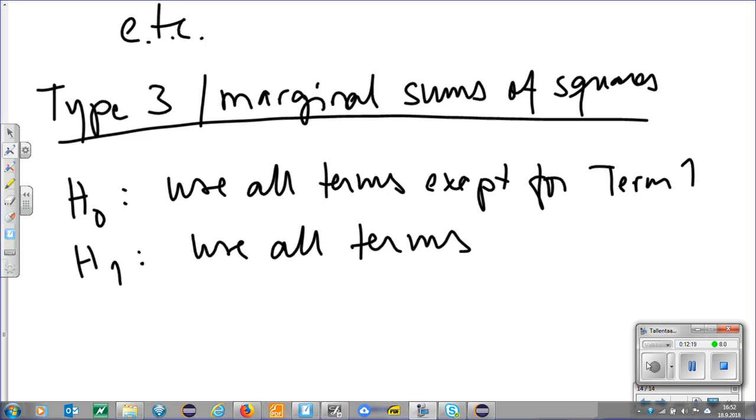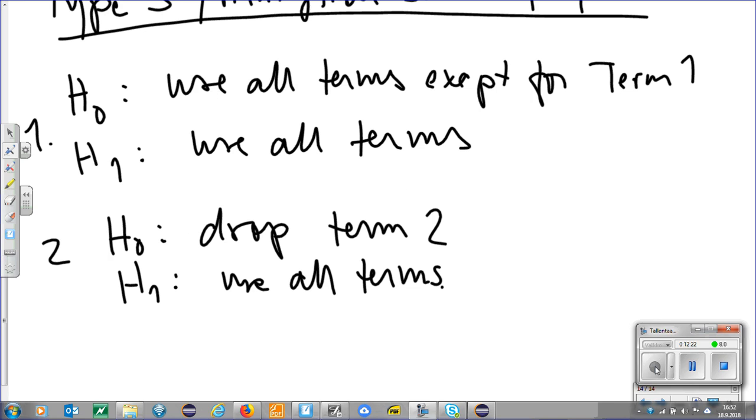And the second test is based on the null hypothesis where term 2 is dropped, so we keep all terms except for term 2, and the full model is again the model that uses all terms, and this way we drop every term in turn, and that is how we get the so-called ANOVA table for the model.